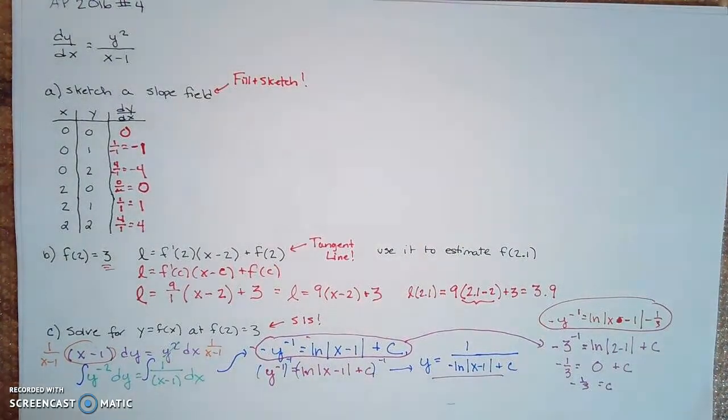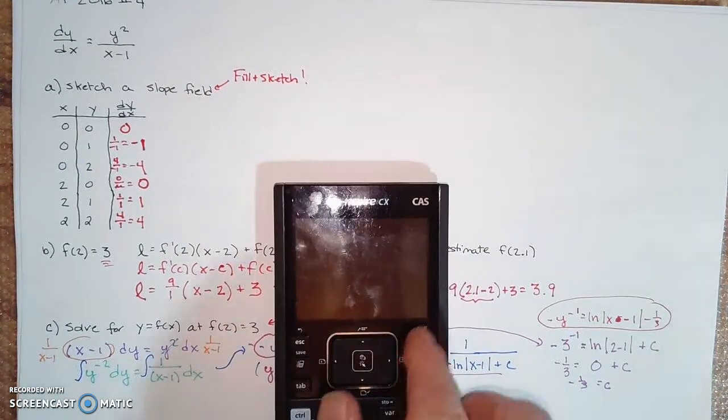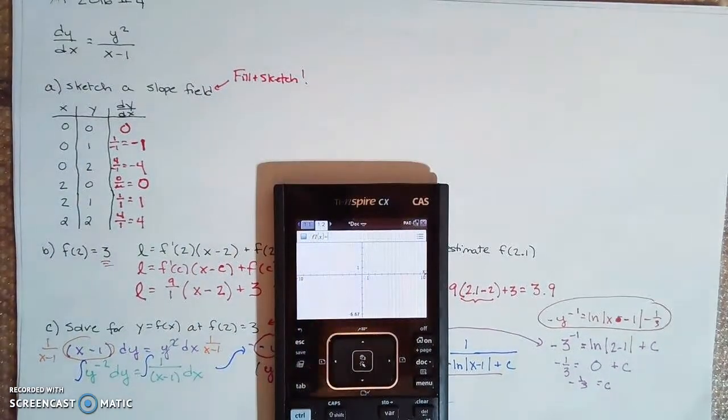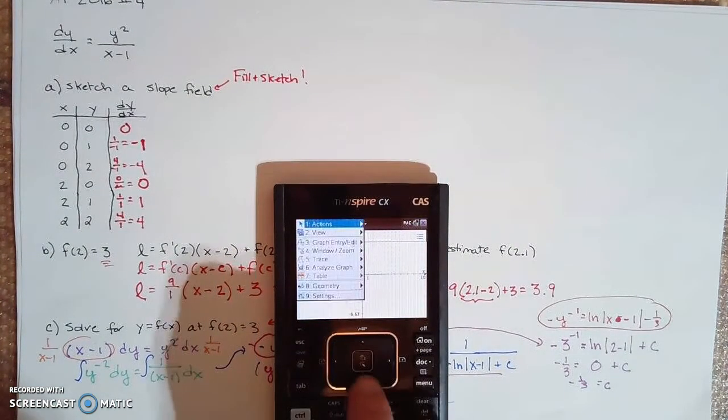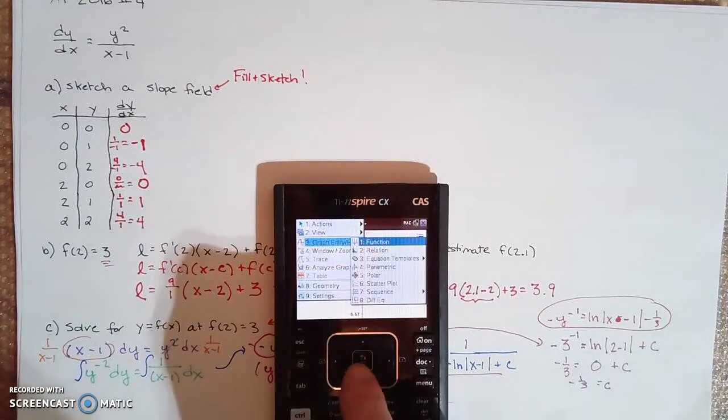Okay, really quickly, if I had my calculator, which I do have, there's a couple things we can do. Let me turn the calculator on, turn this screen off for a moment. Okay, what I could have done if I want to see the slope field: menu, analyze graph entry, differential equation.